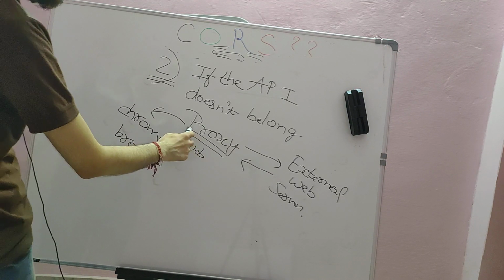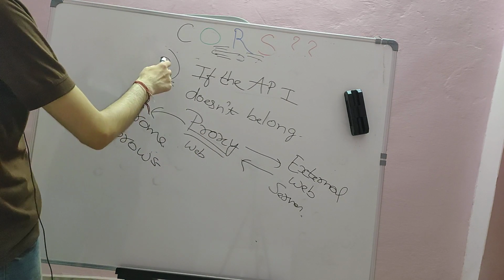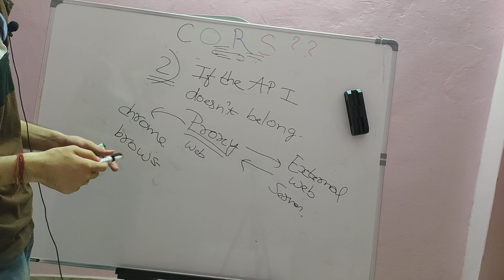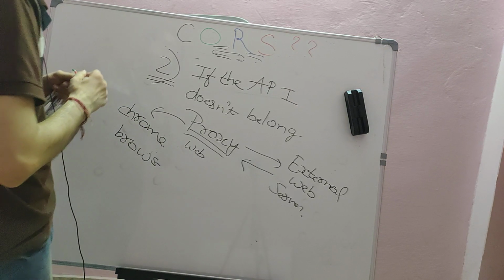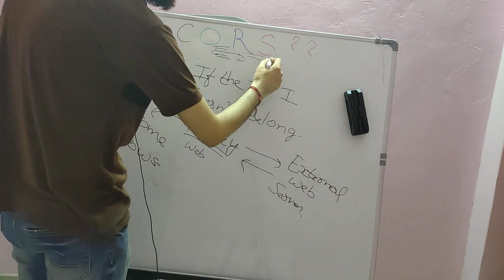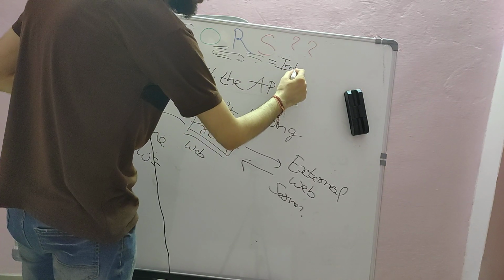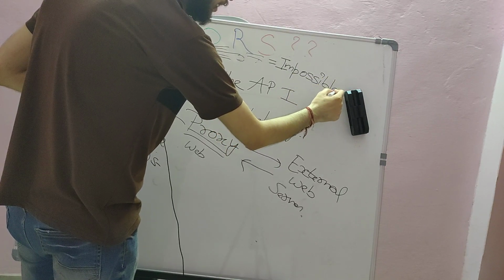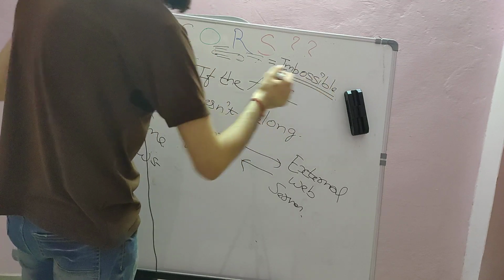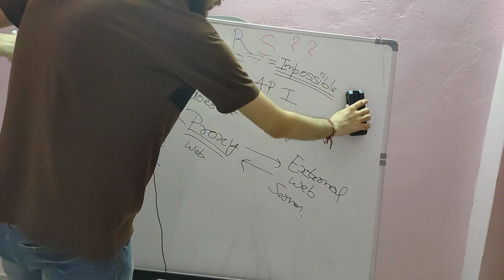You will not find any practical solution on the internet if the API doesn't belong to you. So essentially this CORS error is impossible to prevent. At last I can simply say CORS is impossible to handle in some situations, but there are some exceptions. I will discuss the exceptions now.